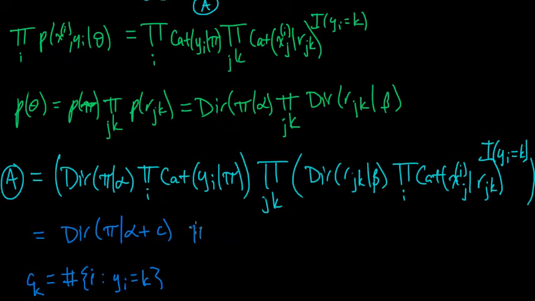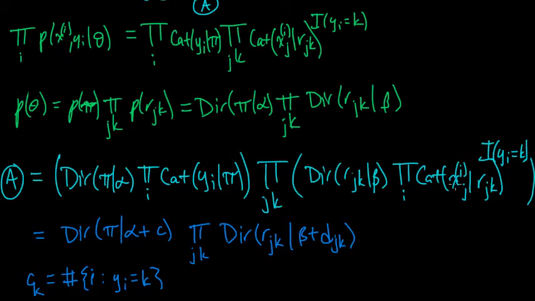And this part, product over j and k, again, the Dirichlet absorbs the categorical, and we get a Dirichlet over r_jk with parameter beta plus d_jk, something like that.